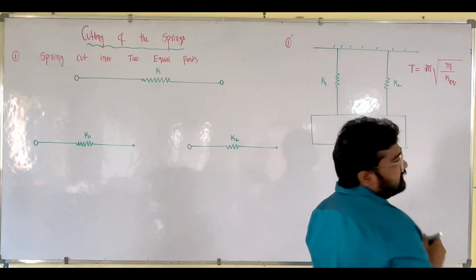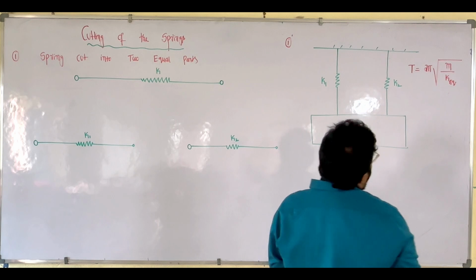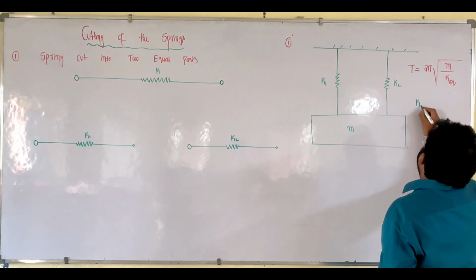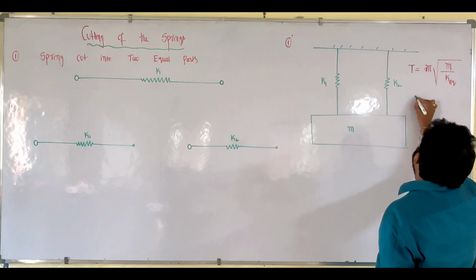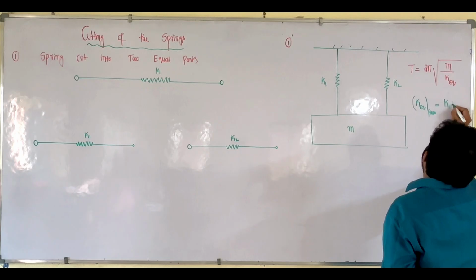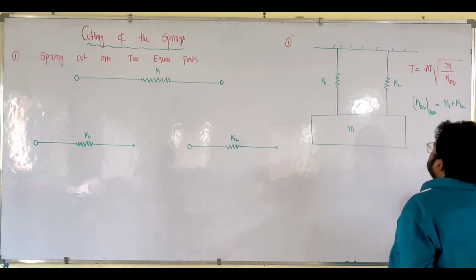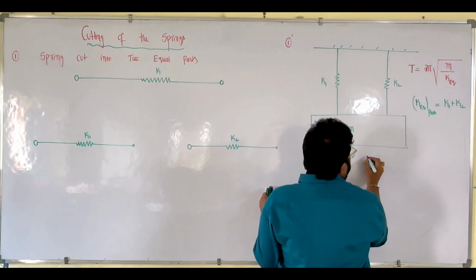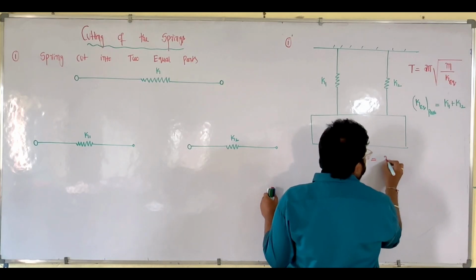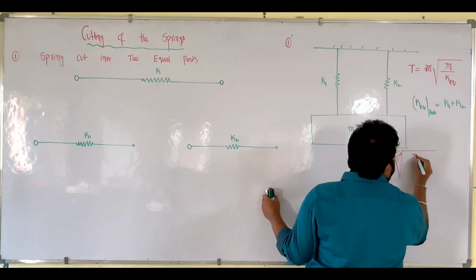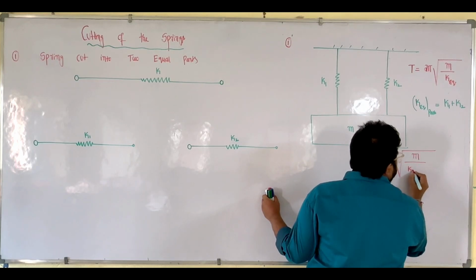So what is the K equivalent in parallel combination? K1 plus K2. Time period of oscillation in this case is 2 pi square root of M by K1 plus K2.